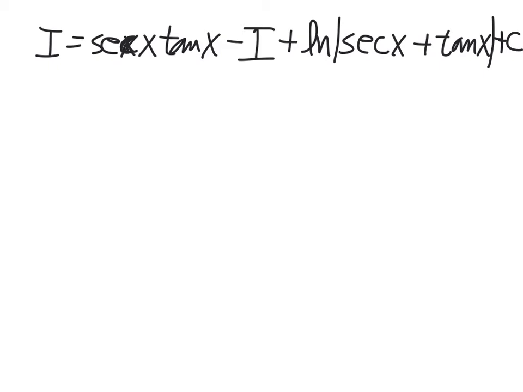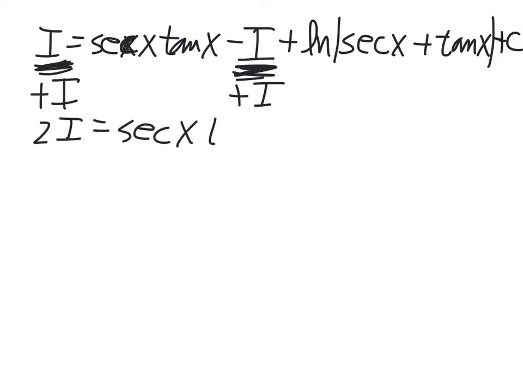Well, we actually turn this into an algebraic problem. We need to solve this equation for I. Well, we've got an I over here, and we've got a minus I on this side. What do we need to do to solve that for I? Just add it over. Okay. Add I to both sides, and the left side will have 2I.